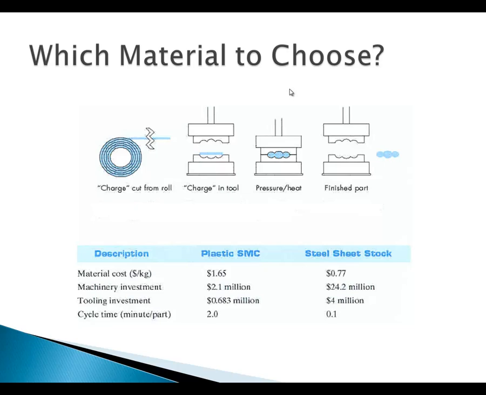And you can see the difference not only in the cost of the material, but also in the machining and the tooling items. Although the cost of the plastic is more expensive and the cycle time is more than the steel, we have to consider other factors to generate the final judgment or decision.